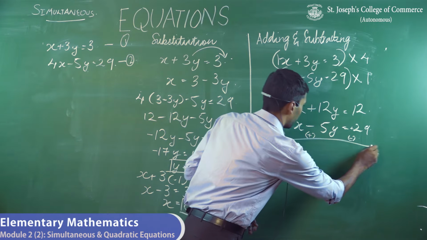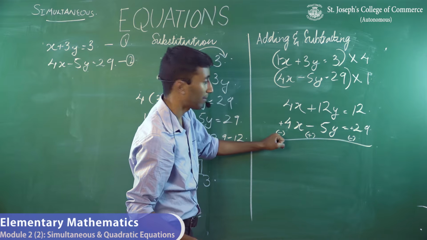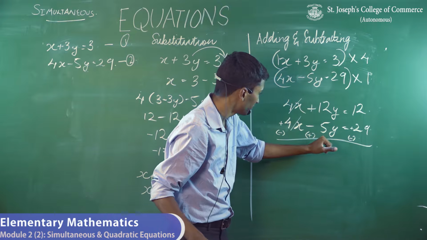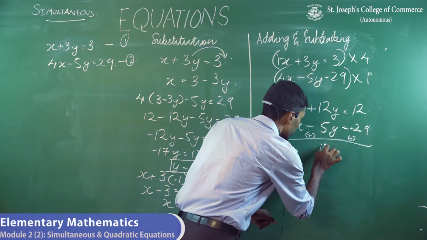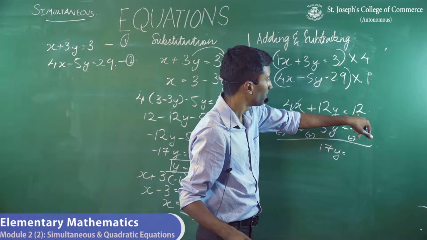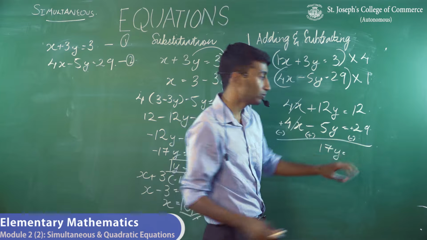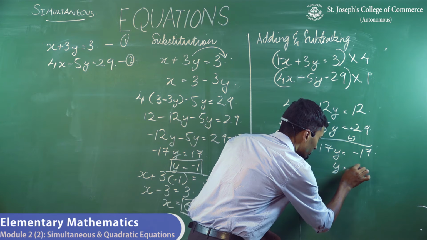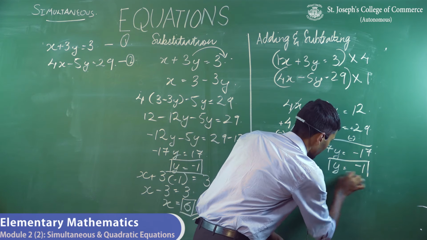So in this way, plus 4 and minus 4 get cancelled out. Plus 12 plus 5y will give you 17y is equal to plus 12 minus 29 will give you minus 17. So y is equal to minus 1.